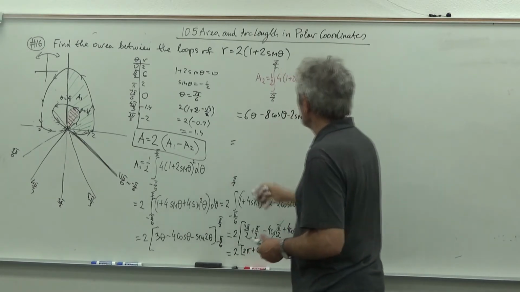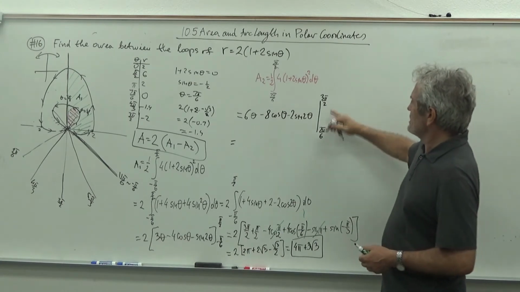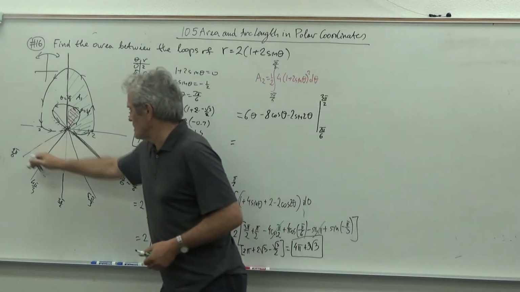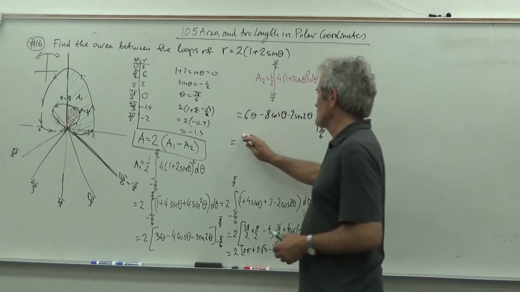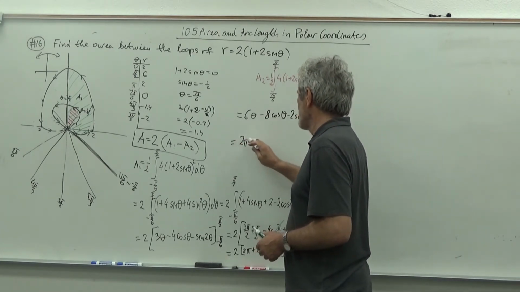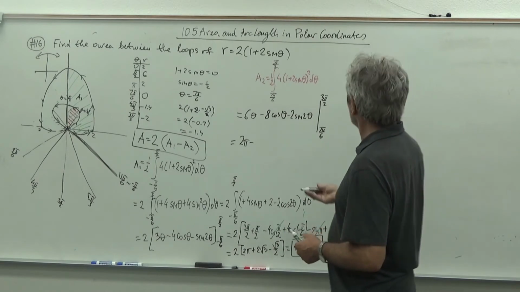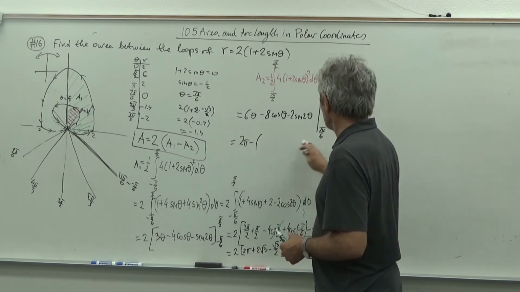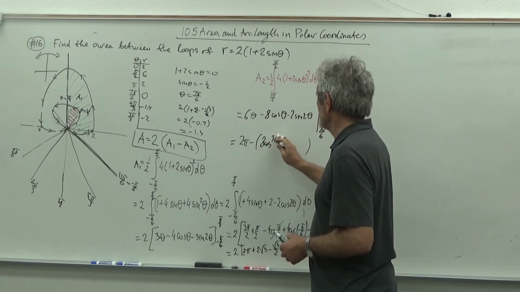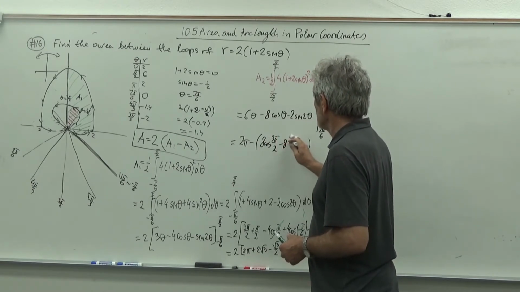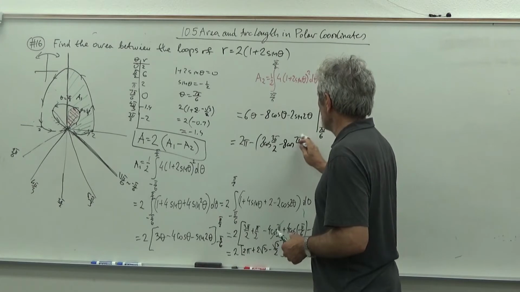So how much is that? Between 7 pi over 6 and 3 pi over 2, it's just pi over 3. When you multiply it by 6, you will get 2 pi. Minus 8 cosine 3 pi over 2 minus 8 cosine 7 pi over 6.